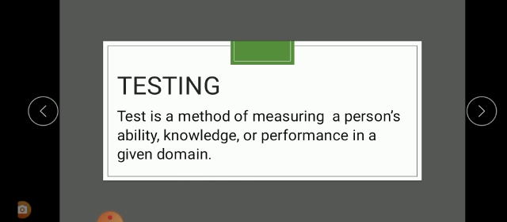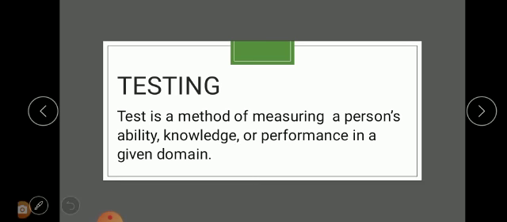The first, testing. In simple terms, a test is a method of measuring a person's or individual's ability, knowledge, or performance in a given domain.